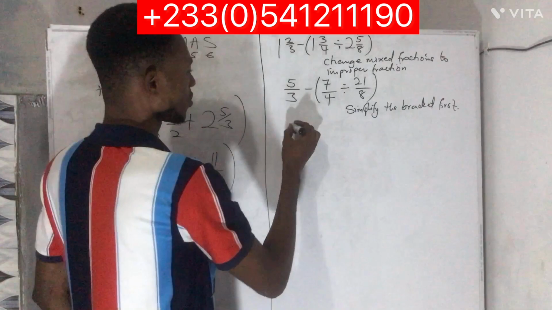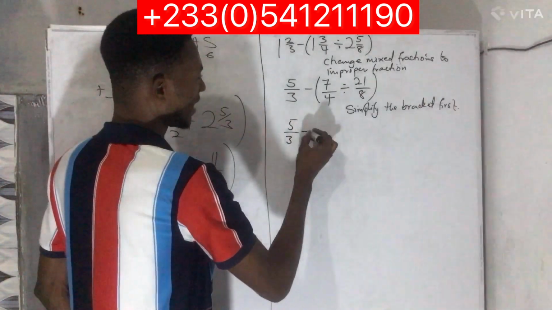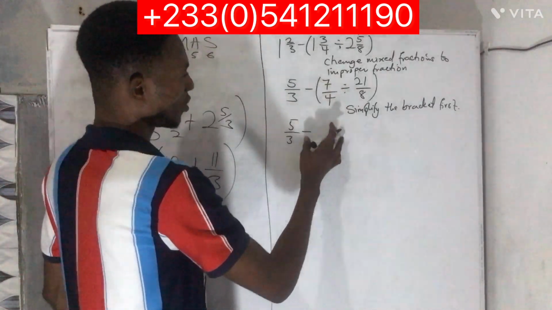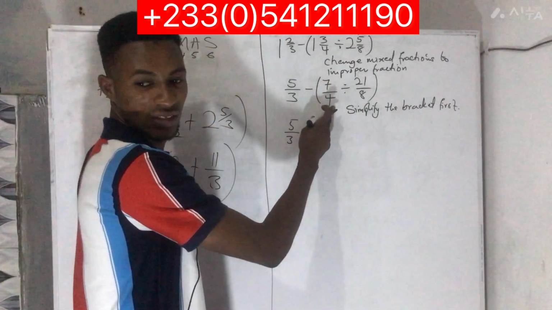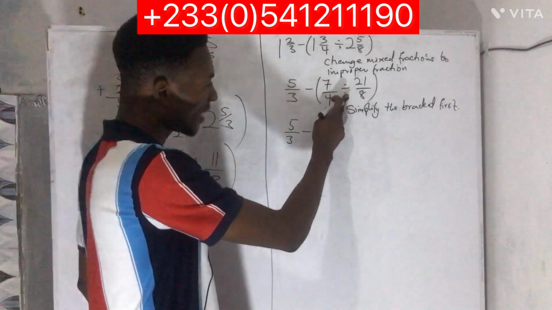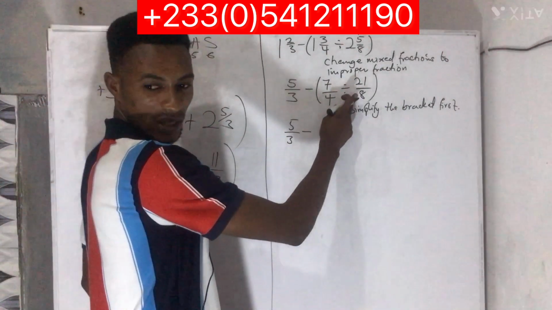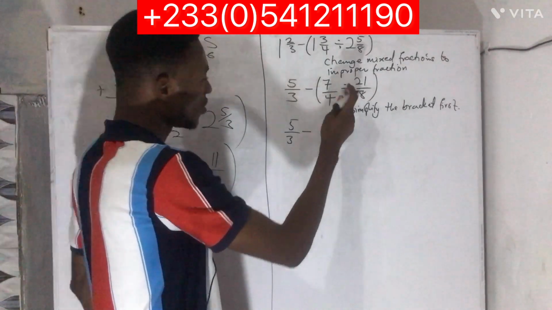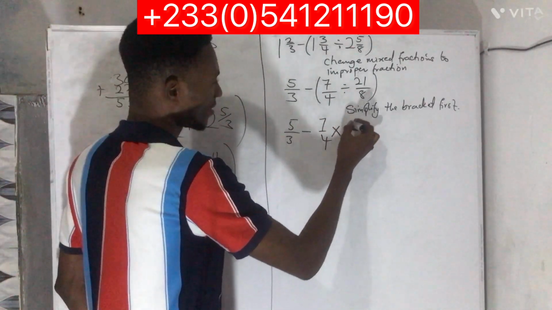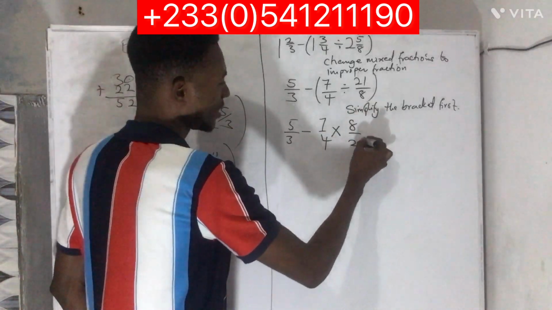You get it? So we have 5/3 minus. Now, what did I teach you about this? You have to maintain the first fraction, change the sign of division to multiplication sign, and reciprocate this one. Do you get it? So you'll be having 7/4 times 8/21.